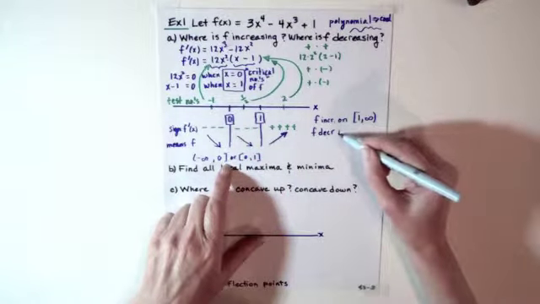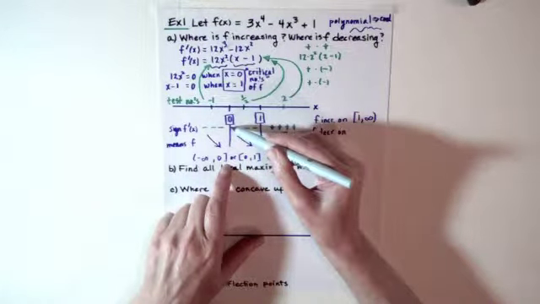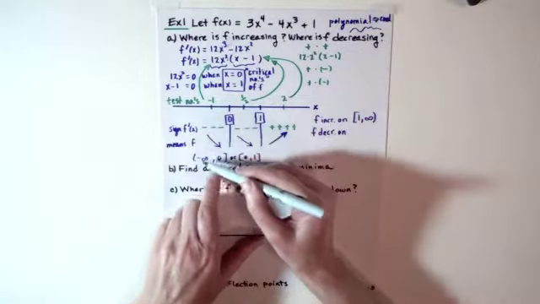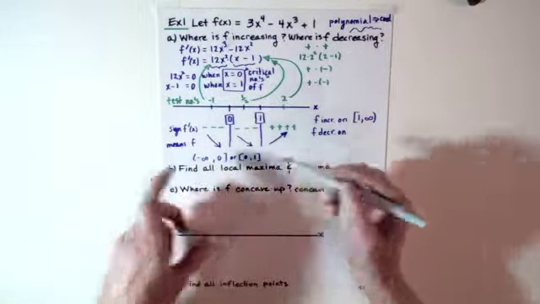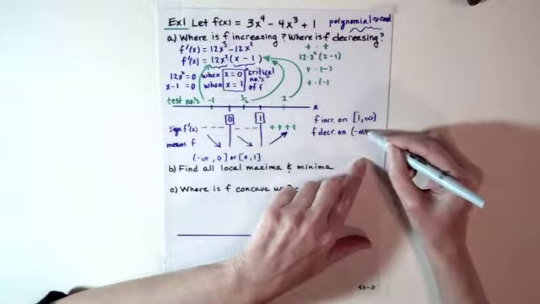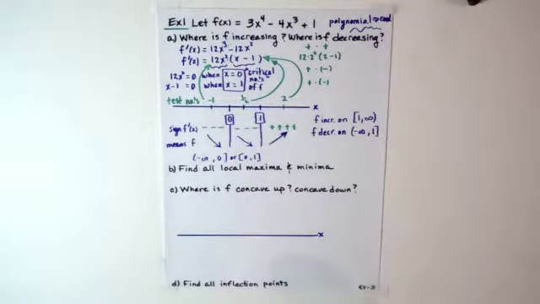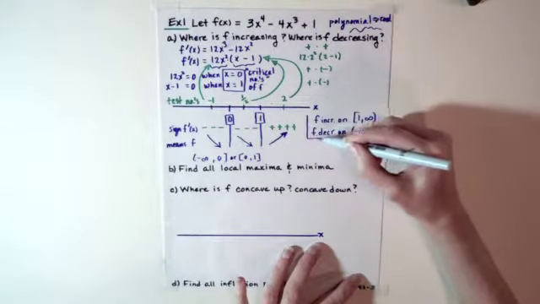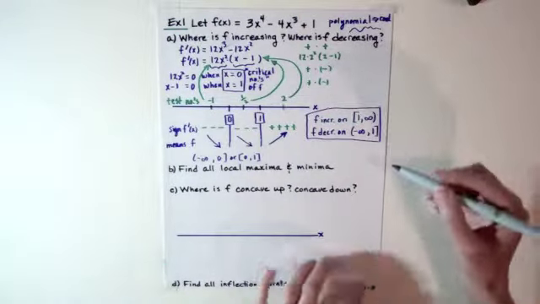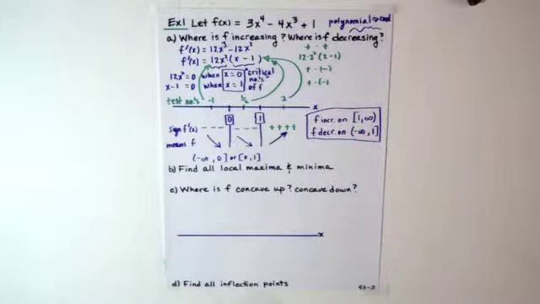And so we could shortcut all of that and just say it's decreasing until I get to 0, and then it continues to decrease until I get to 1. So it's really decreasing from minus infinity all the way to 1, and we can jam those two intervals together. So we would write it this way: f is decreasing from minus infinity all the way through 1, and I would put a square bracket at the end of 1. This would be the answer to our question, where is f increasing, where is f decreasing, and they mean give the x intervals where f is increasing and where f is decreasing.